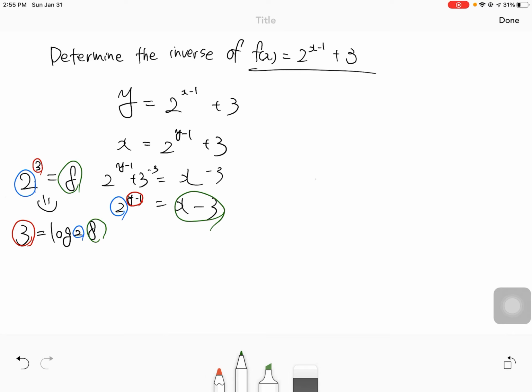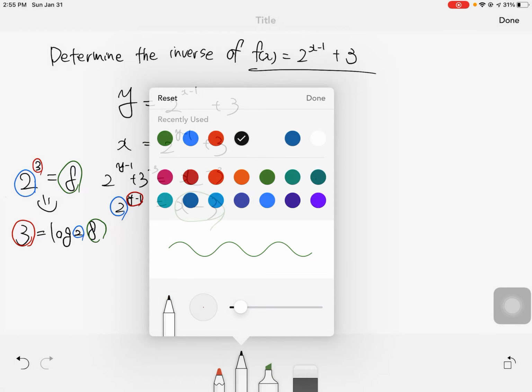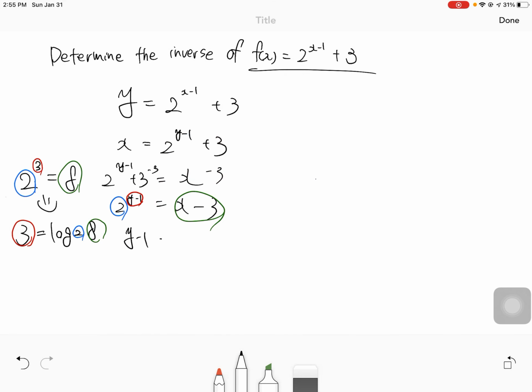So the red one is equal to log base blue one of green one, like that. So finally, plus 1 for both sides. Then y is equal to log base 2 of x minus 3, plus 1. That's it.